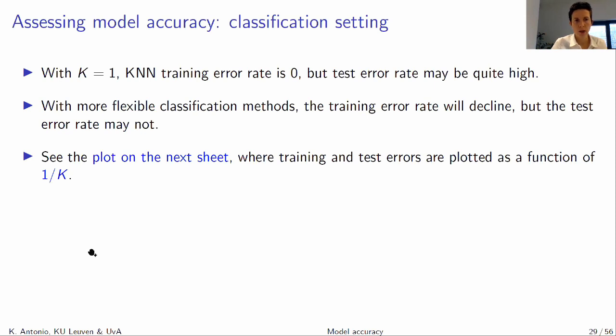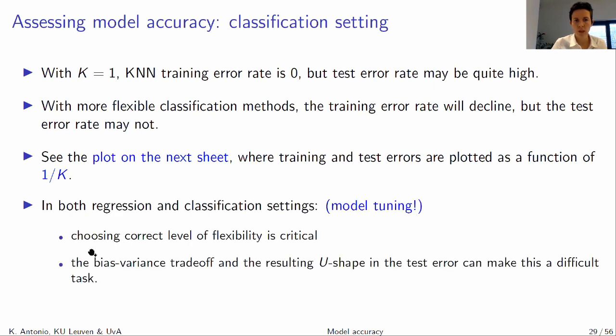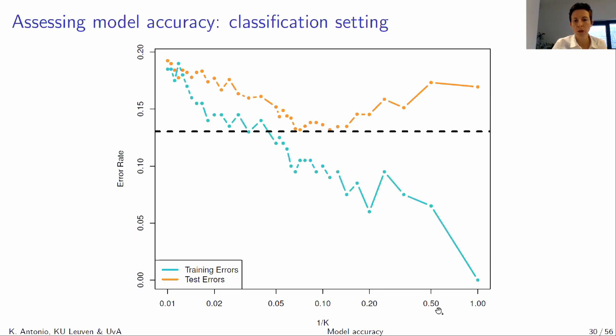So in the plot on the next sheet, I'm going to picture this as a function of 1 over k, right? So 1 over k, that means if k is equal to 1, then 1 over k will also be equal to 1. Then I'm over here. Then my training error is 0, but my test error is increasing again. Okay, so this is a model that is completely overfitting. If 1 over k goes to 0, it means that k becomes very large.